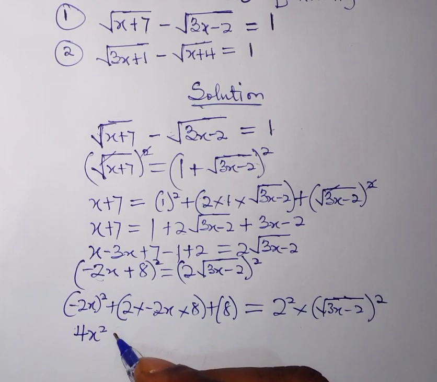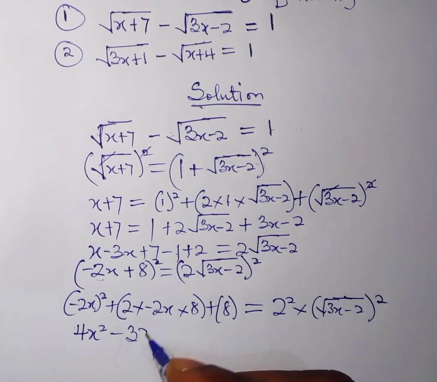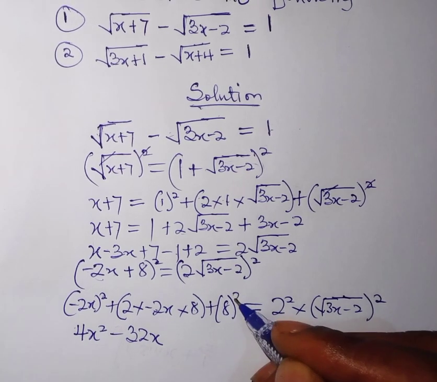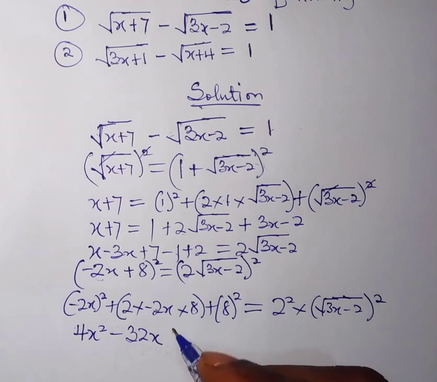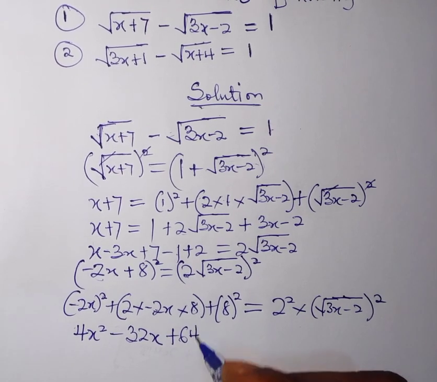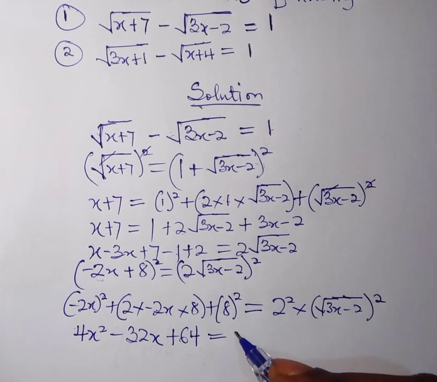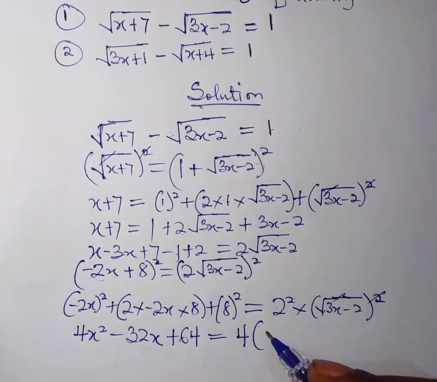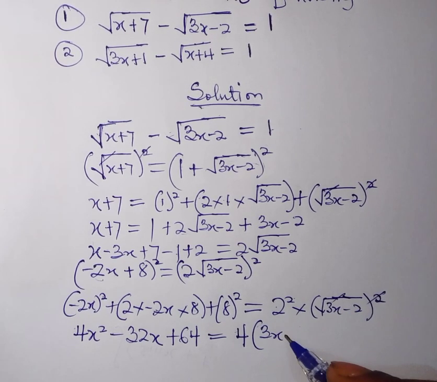Is it negative 32x? This one we are supposed to square it, plus 64, which is equal to, so 4 times this gives me what? 2 squared gives me 4. Then this one will cross this, so we have 3x minus 2, like this.